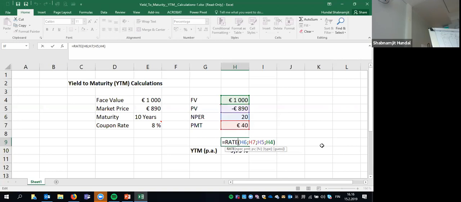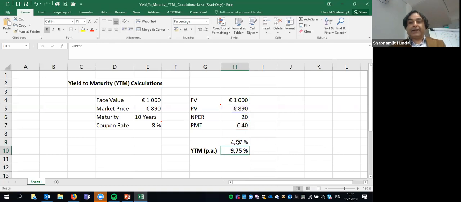When you use this rate function, you can find that your 6 monthly yield to maturity is 4.87. And if you double it, because we need to find it for the full year, that is 9.75, basically. It means that even though the coupon rate is 8%, the actual rate by which investors become richer or poorer is 9.75.